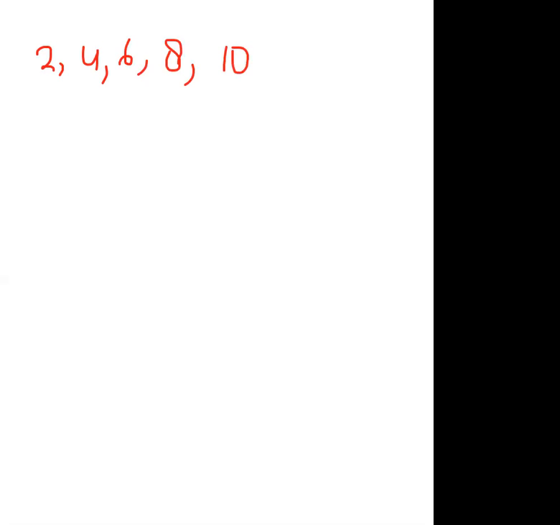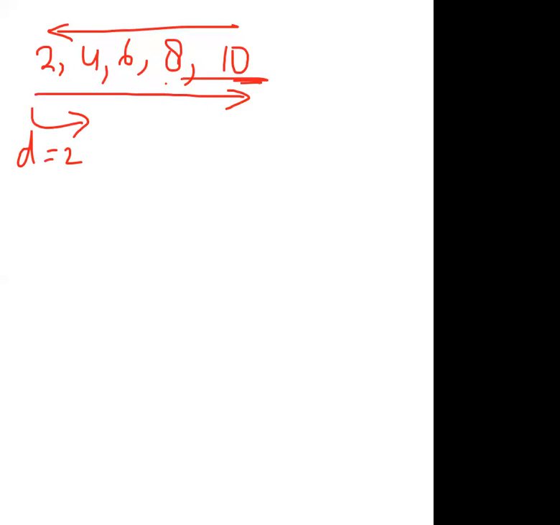From beginning till end it is an AP, and from end to beginning also this will be an AP. For this AP, if from beginning till end we are going, d is equal to 2, and from end to beginning, it will be minus 2.